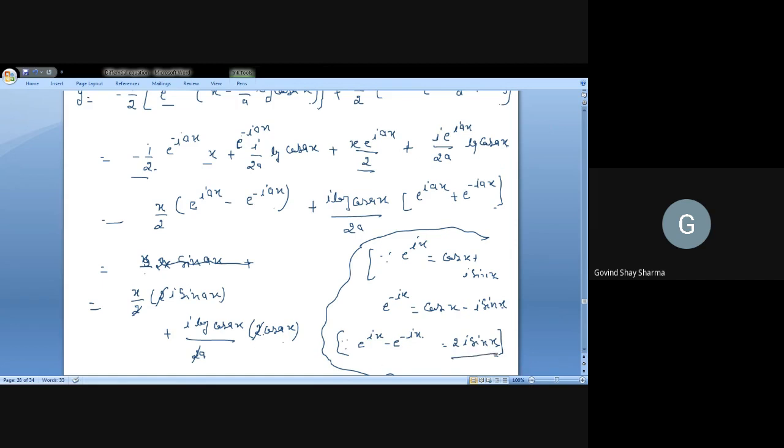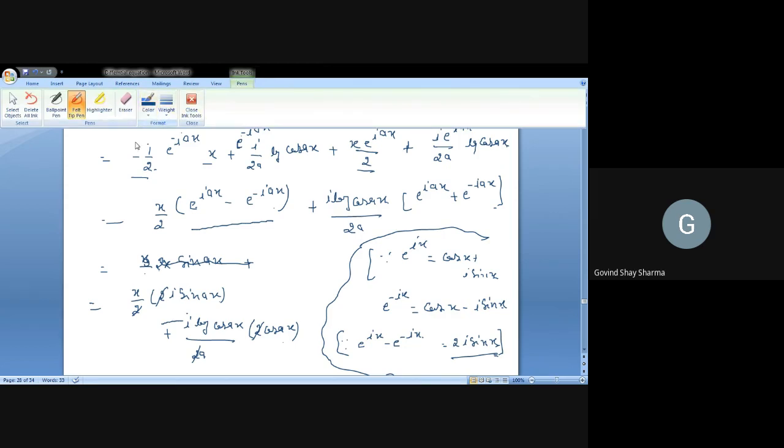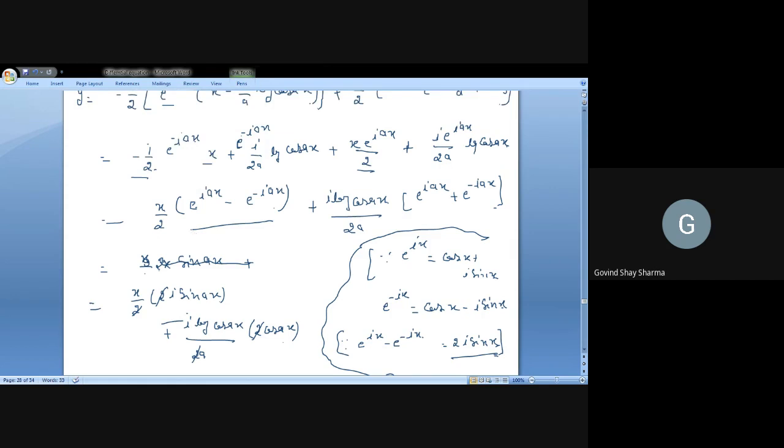So we replace here 2 iota sin x, and here we replace e to the power iota x plus e to the power minus iota x as 2 cos x.